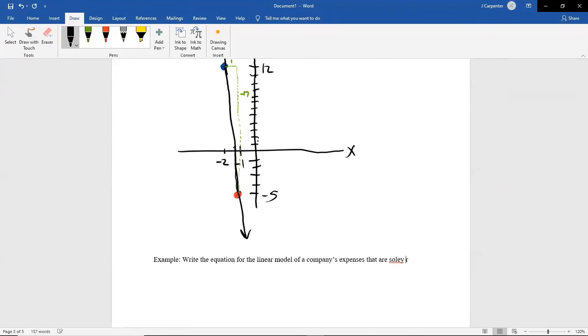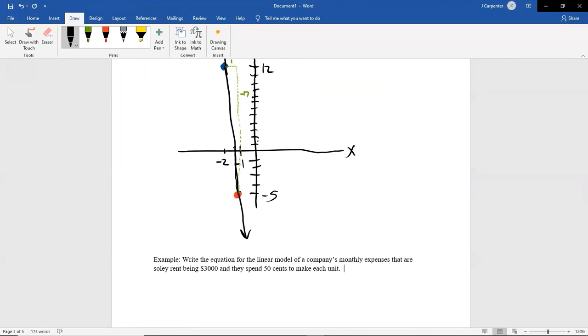I'm going to go back and edit this. Write the equation for the linear model of a company's monthly expenses, where the rent is $3,000 and they spend 50 cents to make each unit.